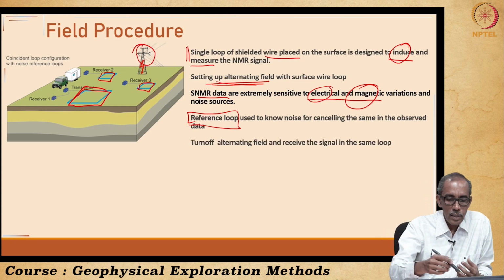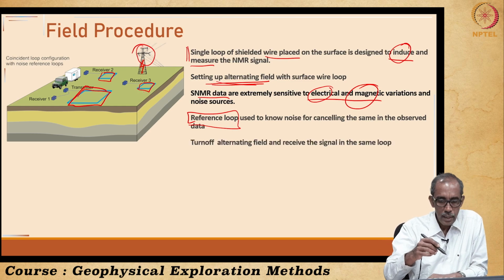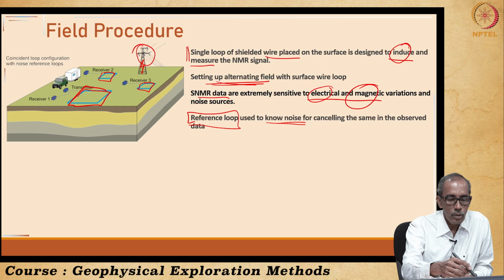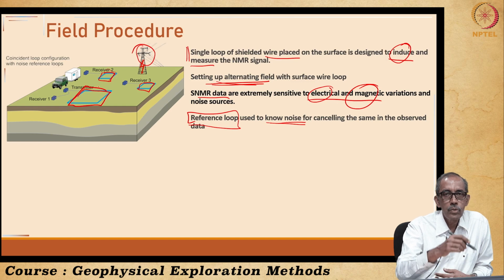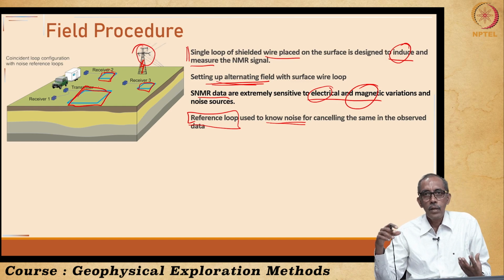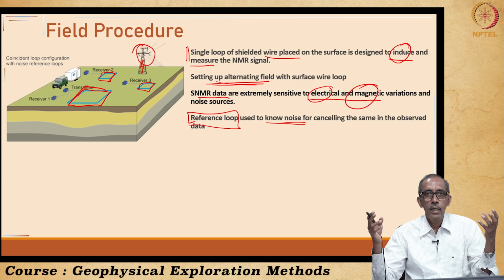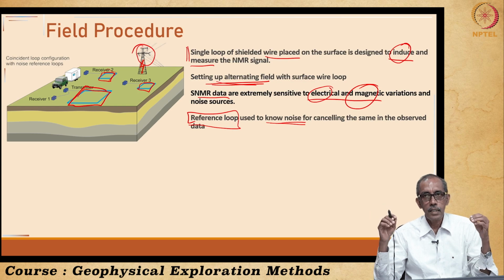We do not use this NMR tool at all, we do not transmit the alternating magnetic field here, but we use 2 or 3 loops kept on the surface to capture the quantum of the field that is experienced by the loop.